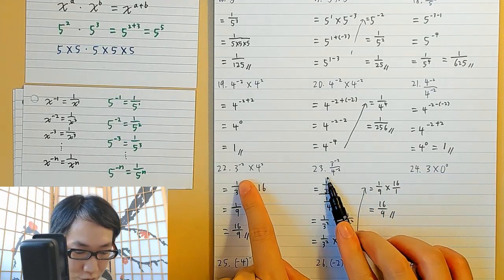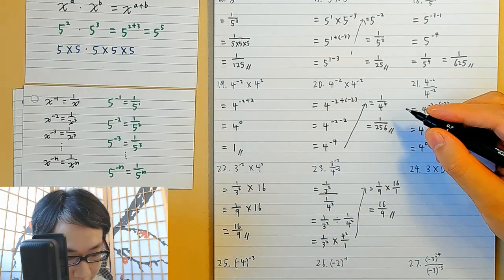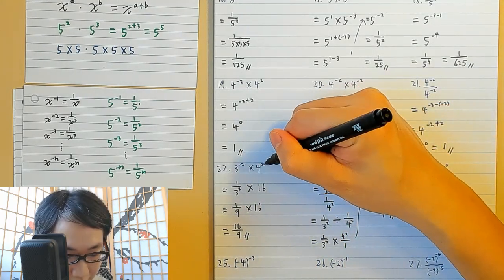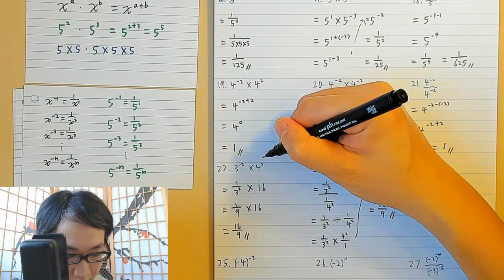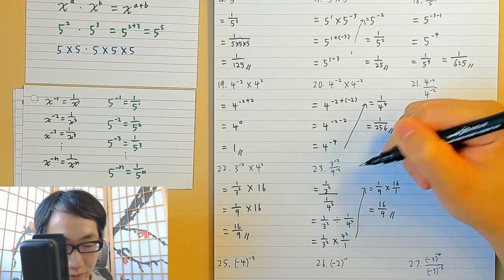You see, these two have the same value. Because this 4 squared is equivalent to 1 over 4 to the power of -2. Okay.